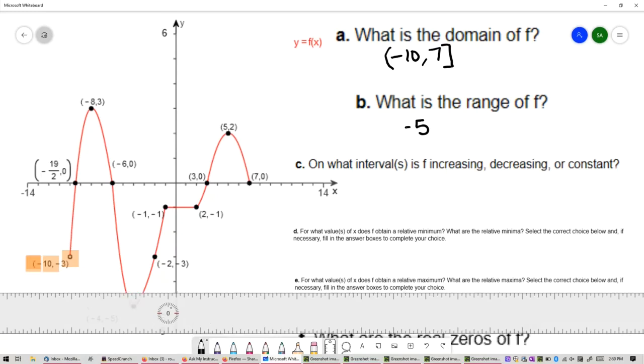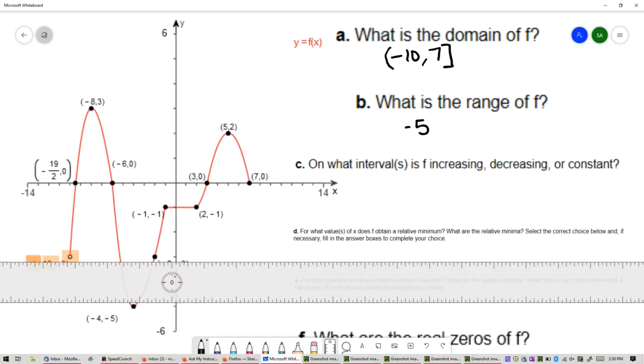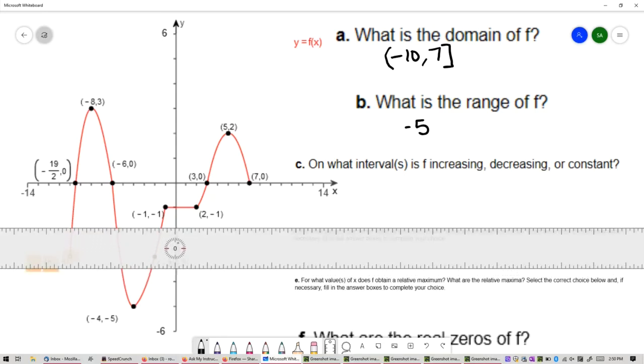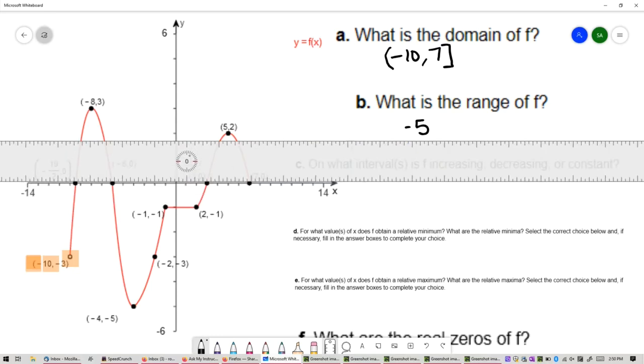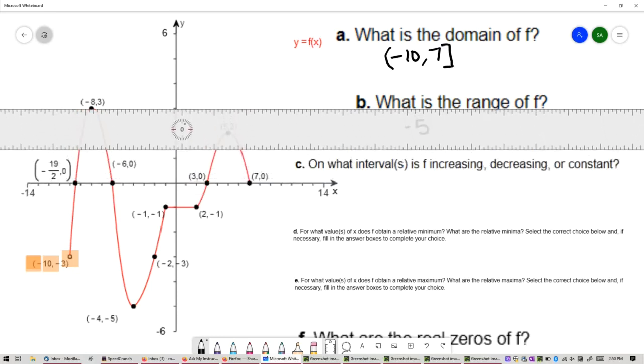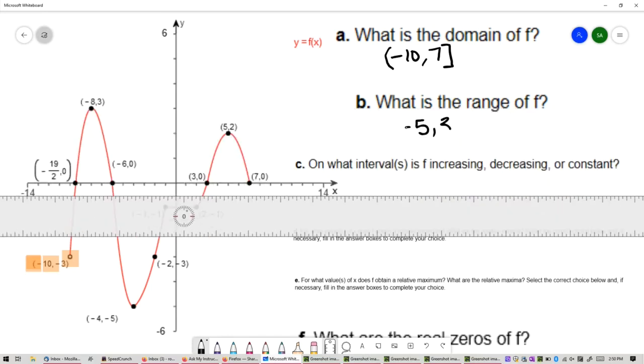I'm going to go up, and all of these y values are included in the range since the ruler is touching the graph along these points. And it's not until we get to this spot right here that we have our last y value of 3. This is also a closed circle. Both the -5 and the 3 will have brackets on them because those points are included in the graph.